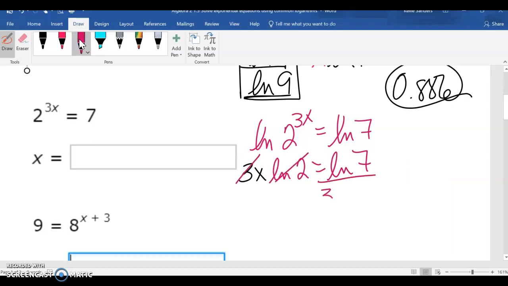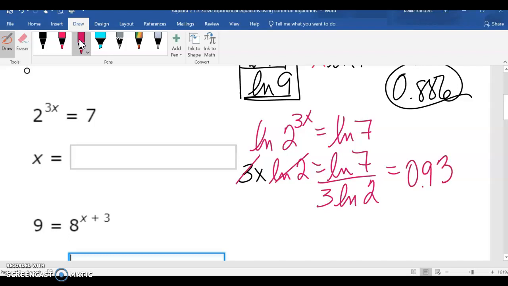And we can divide by 3 natural log 2. So fraction natural log 7 over 3 natural log 2, 0.936.